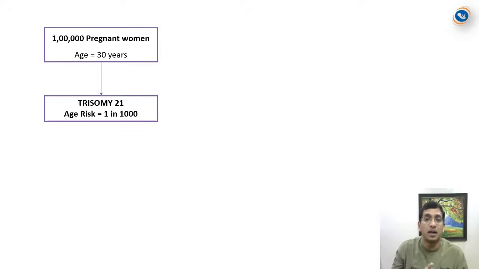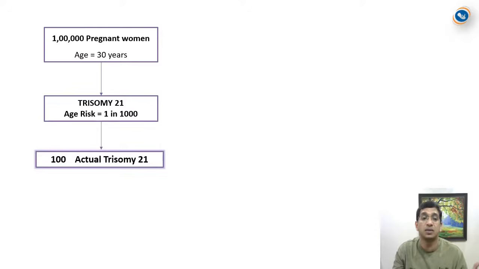For Down syndrome, the age risk at 30 years is about 1 in 1000, and 1 in 1000 of 1 lakh is 100. So in 1 lakh pregnant women there will be 100 babies with actual Down syndrome.